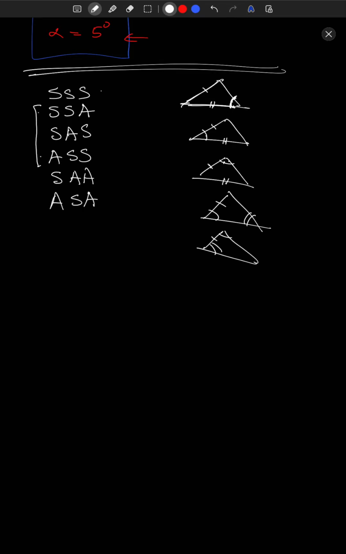Makes a huge difference for us. Okay, and the last one is where I give you 2 angles and then a side. And again, for the purposes of what we're doing, this one and the one up here, SAA and AAS, are actually going to behave the same for our class. All right. So those were the next 3.